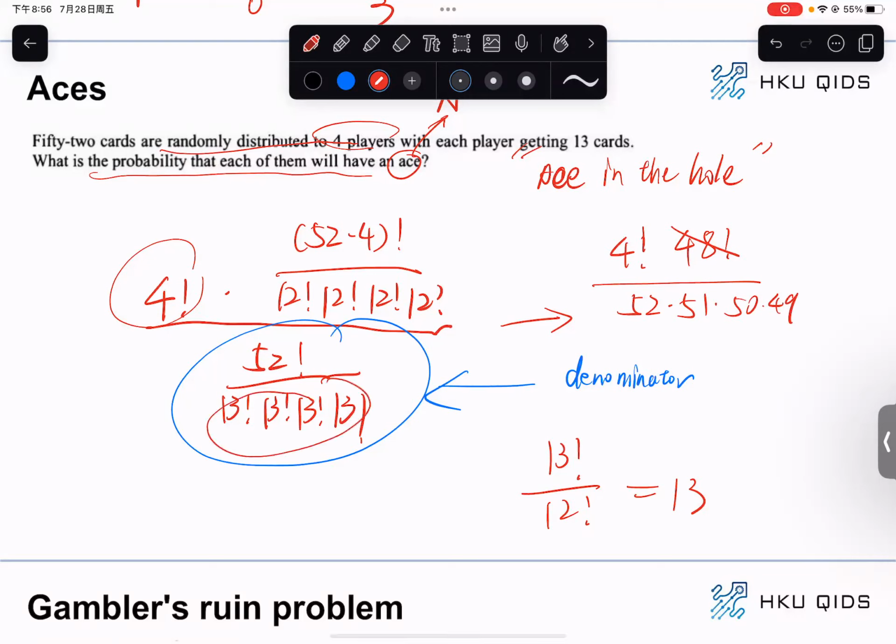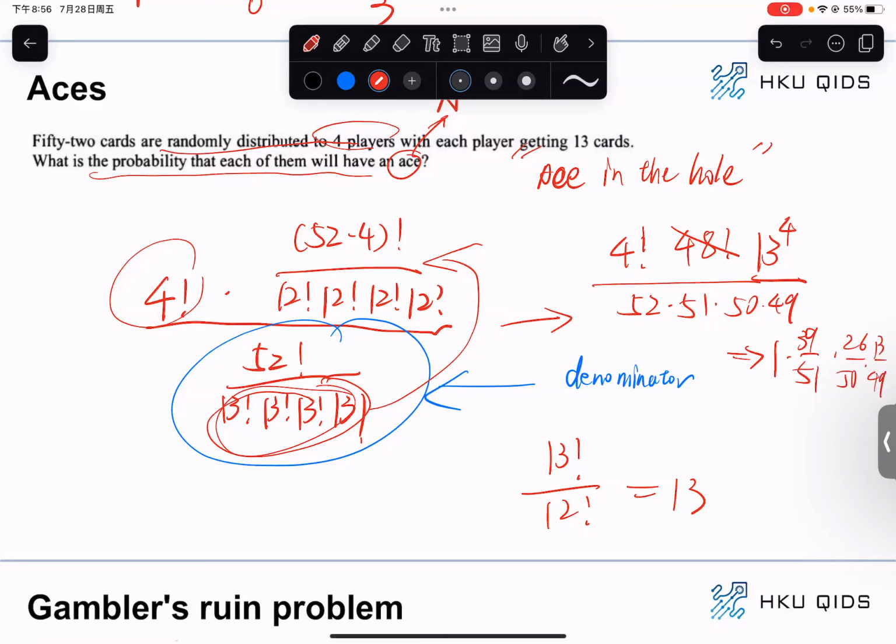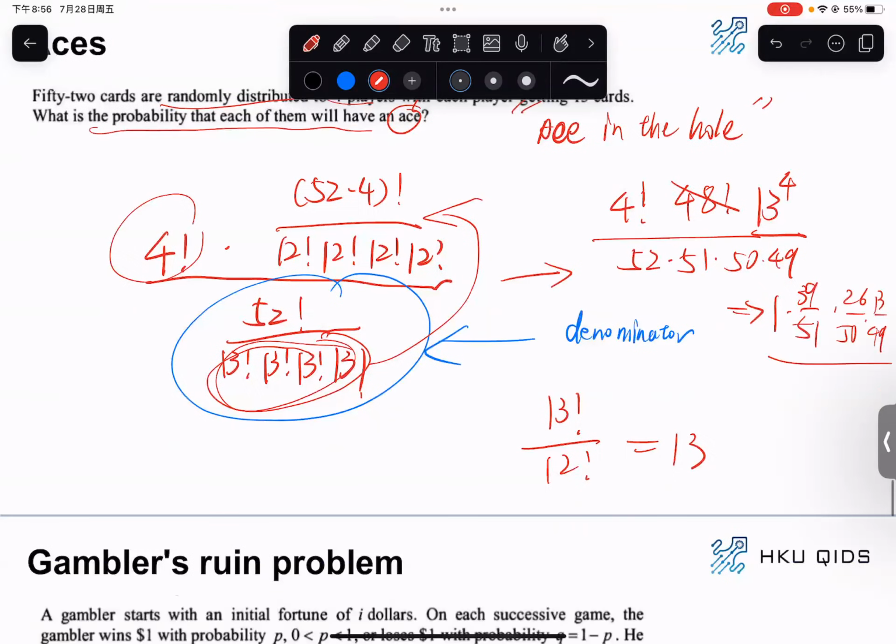And if we multiply this part on both the denominator and numerator, then we are going to have 13 to the power of 4. And now if we try to solve that, we get 1 multiplied by 51 over 39 multiplied by 26 over 50 multiplied by 13 over 49. Okay, and you just need to calculate this value.